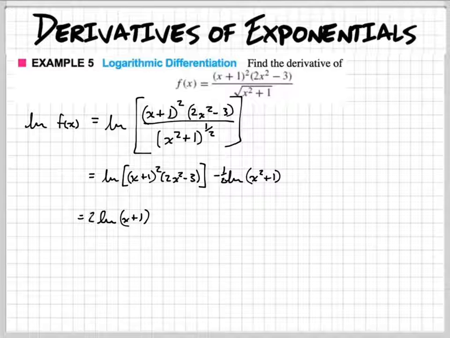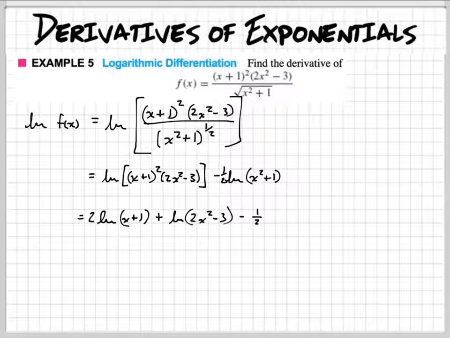So I'm going to put a 2 right here. And we go plus, because they're multiplying to each other, natural log of 2x squared minus 3. Minus 1/2 natural log of x squared plus 1. This equals natural log of f of x.